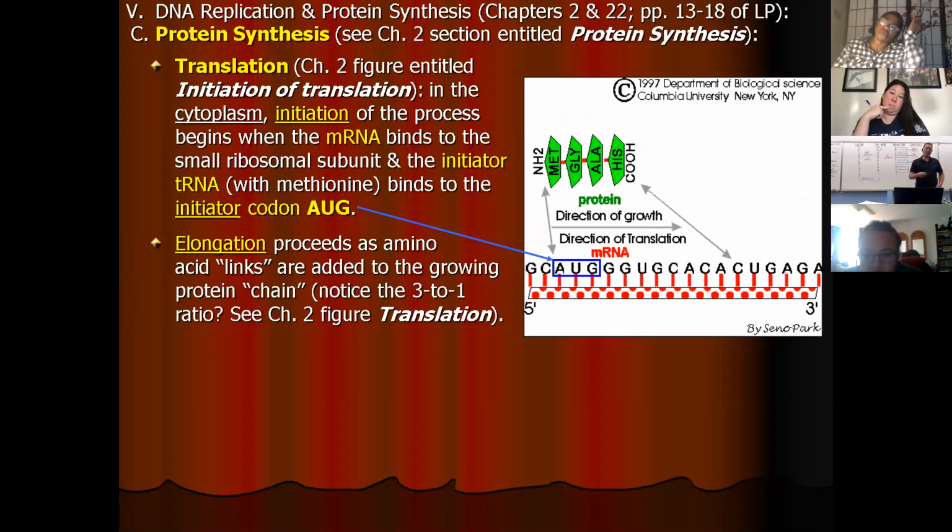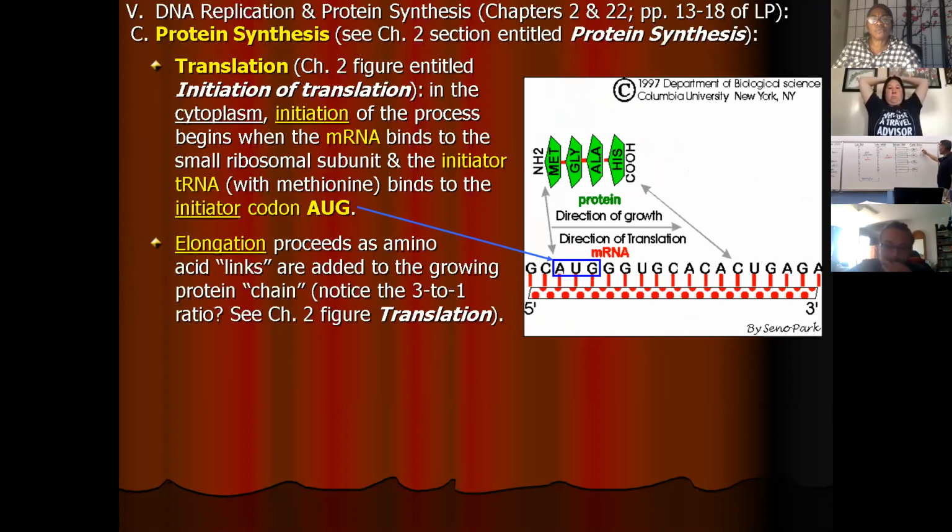This animation, when I replay it, is going to show you elongation. That ribosome is going to settle in on that messenger RNA, and the P site and the A site is like this.